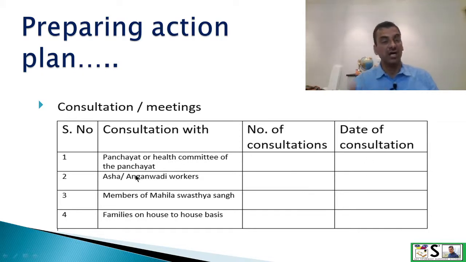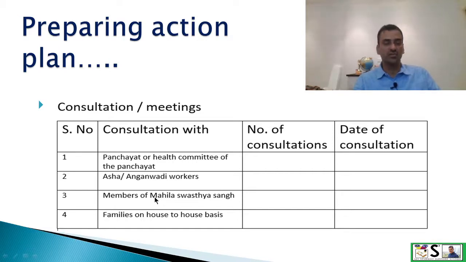Then meeting with Asha and Anganwadi regarding this action plan. Then we write the number of consultations. For example, we have 4 villages, then 4 Asha and 4 Anganwadi may be there. So separate meetings will be there, 1, 2, 3, 4, and then we write the date of consultation.